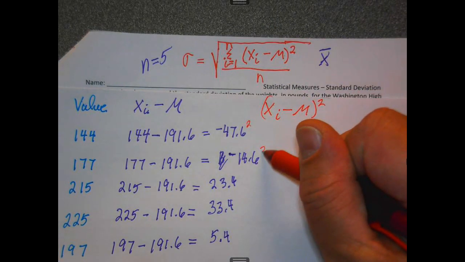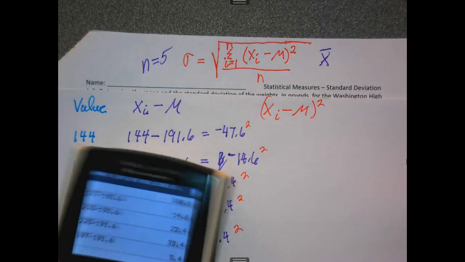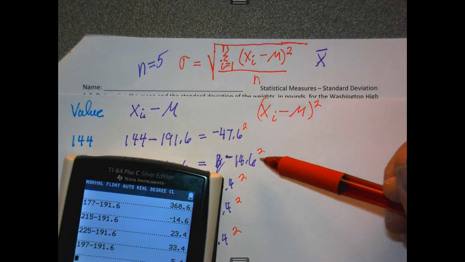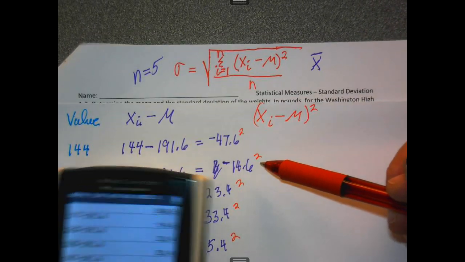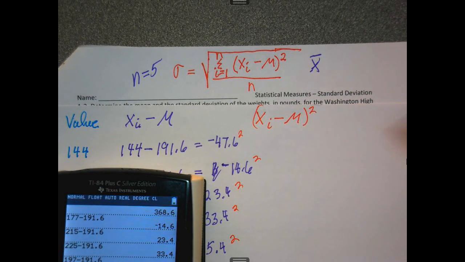We're going to square these. Now, if they don't come out positive in your calculator, you probably did something wrong with the symbolization. Make them positive. Okay.